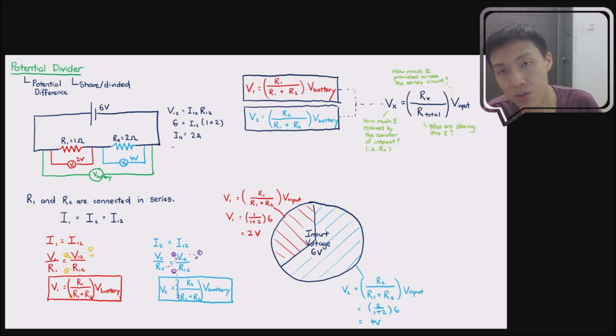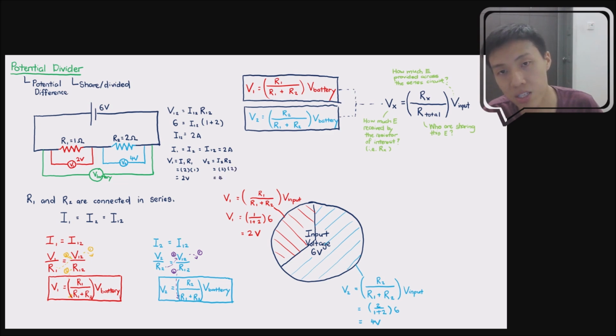I know that I1 is equal to I2 is equal to I12. If I'm interested to find V1, it will be I1 R1. I1, I2, I12 are all 2 ampere. So 2 times 1 gives 2 volt, that's V1. Whereas if I want to find V2, V2 is I2 R2, so 2 times 2 will be 4.